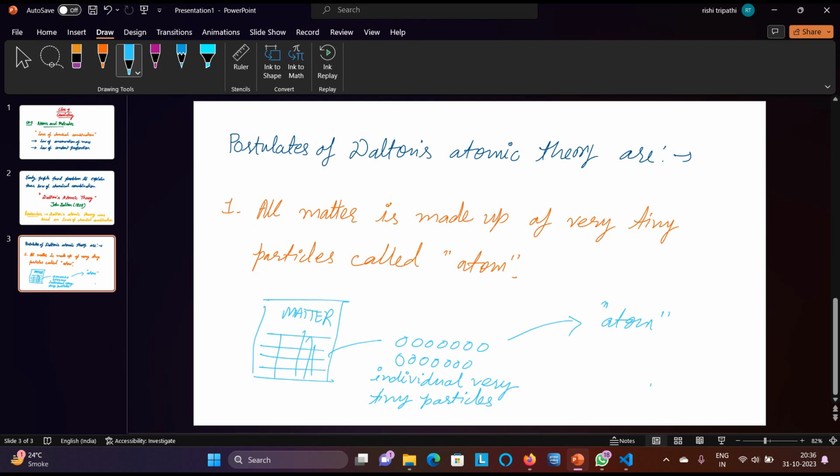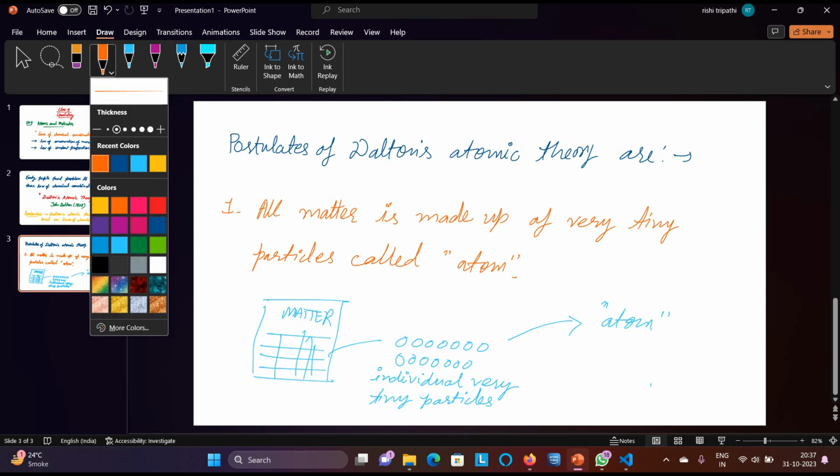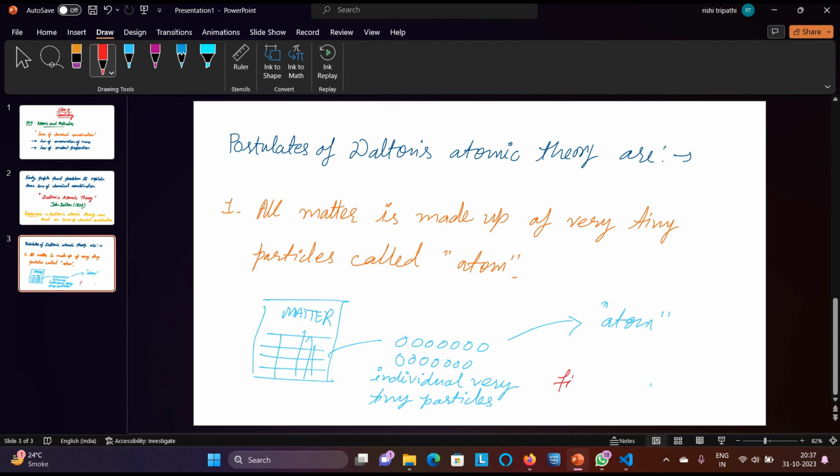So atoms combine together to form matter. It means all matter is made up of atoms only, which are the smallest individual particles, according to the first postulate of Dalton's atomic theory. So this figure is of an atom only.